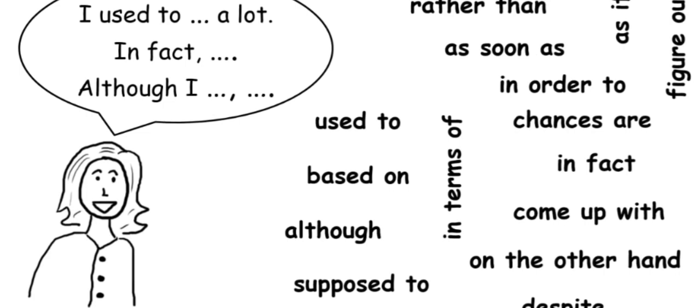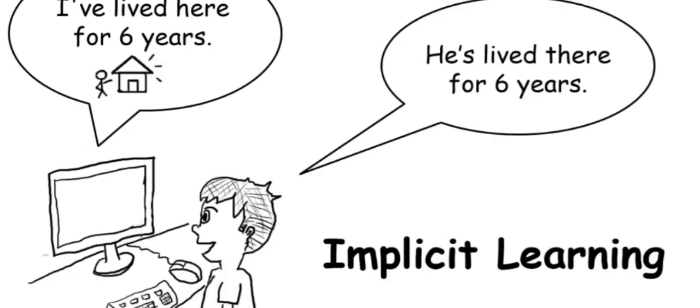When you imitate other people, you are learning grammar through a process called implicit learning. This is the process where the learning happens without your awareness. This is how babies and children learn the grammar rules of their first language. When you imitate, you don't think about grammar.